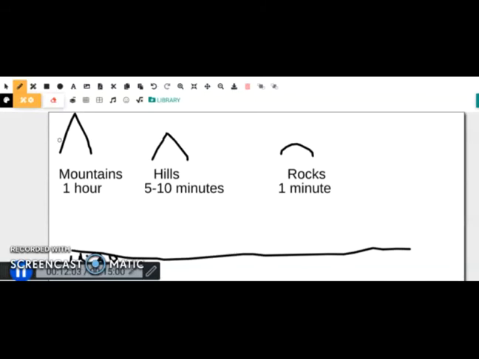So I'm going to go ahead and do my mountains first. So I know from 10:30 to 11:30 we have 1 hour. And remember, we are practicing for 2 hours, so I can do from 11:30 to 12:30. We'll get my 2 hours.